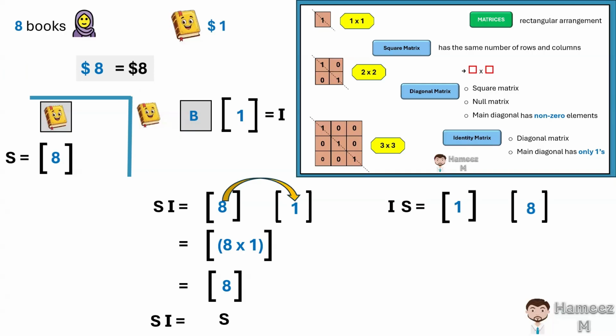And when we do that multiplication, let's set up the solution there. It'll be 1 times 8, and 1 times 8 works out to be 8.